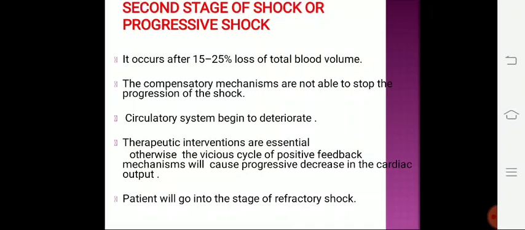In other words, the intense arteriolar vasoconstriction seen in this stage is usually not adequate for maintenance of normal blood pressure. In progressive shock, the structure of the capillary system begins to deteriorate, and various types of positive feedback mechanisms develop.